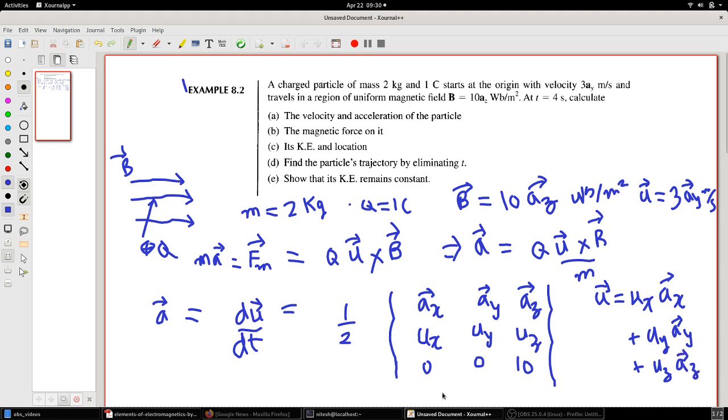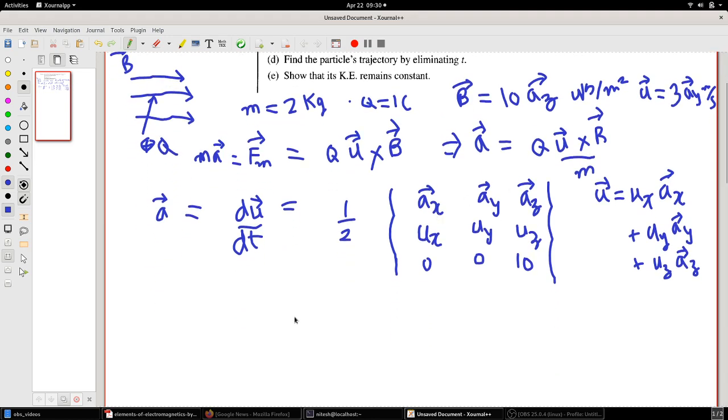Those are the magnitudes. So what you will get is, if you see, this comes out to be 5 uy ax minus 5 ux ay. This is what you get. This is the same as du by dt, right?